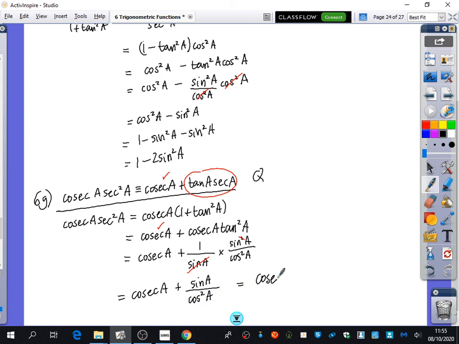So that's cosec a plus. Now, I see this as a sine a over cos a with an extra cos a on the denominator. So the sine a over cos a is going to be the tan a, and the extra cos a on the denominator, well, remember, you can pull it from the denominator to the numerator and change it to sec a, which is the thing that we wanted to prove that it was equal to.